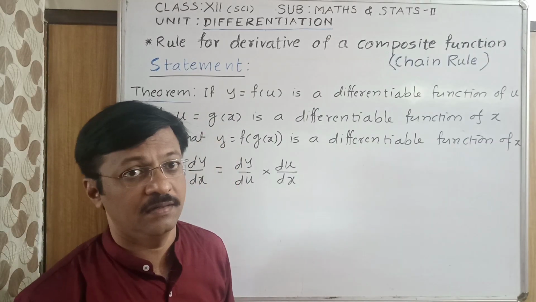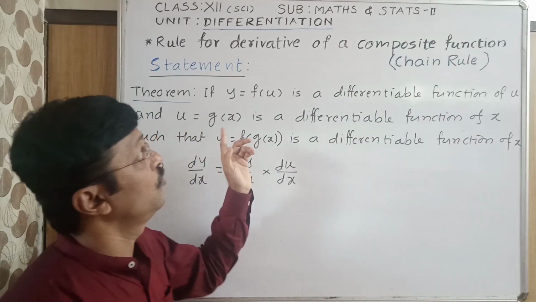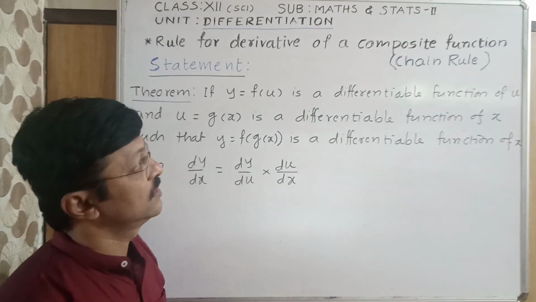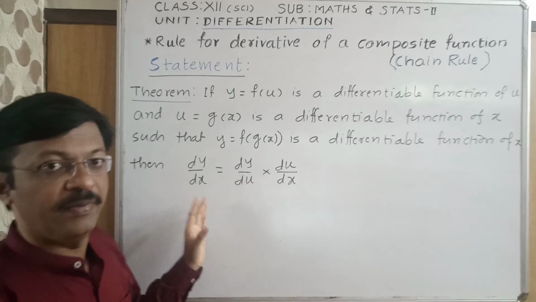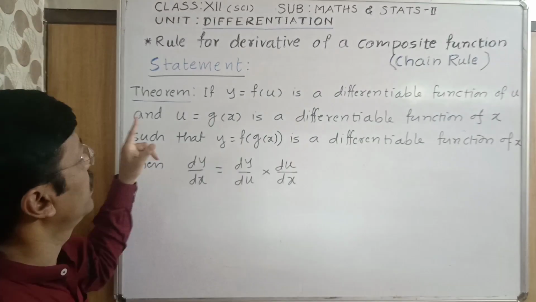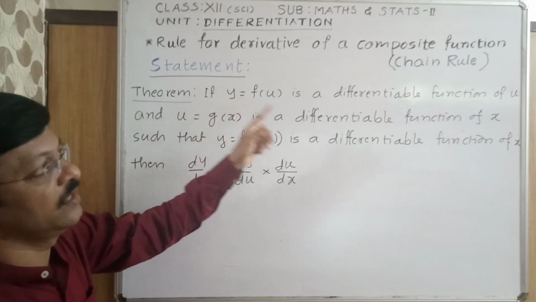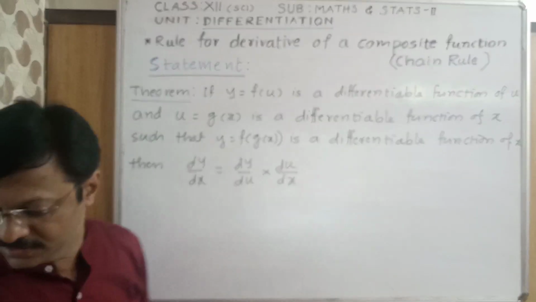So let us see the chain rule, or rule for derivative of composite functions, in detail. The statement of the rule is shown here. How do you read this?